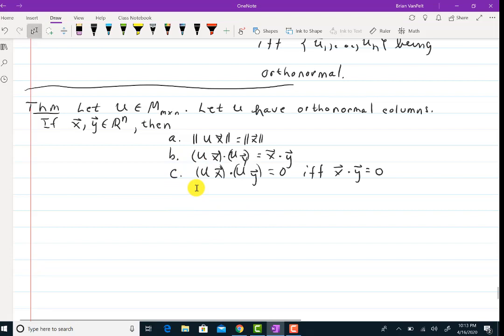C is obviously going to be true. So proving this, just proving A and B should be enough to finish off the whole thing. So let's do it this way. For A, let's do ux, and I'm going to square it. So remember, that's ux transpose times ux.